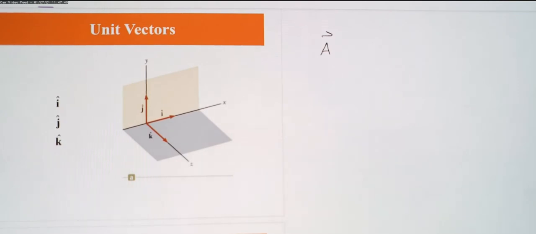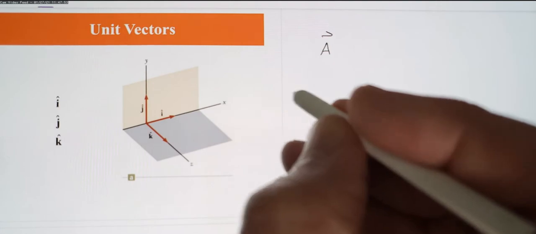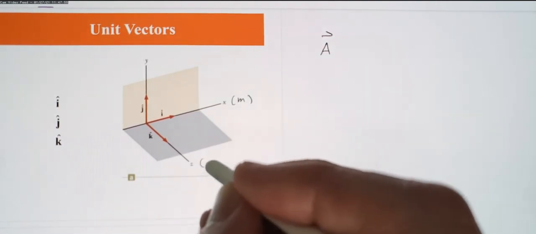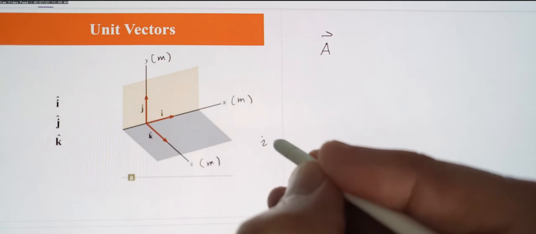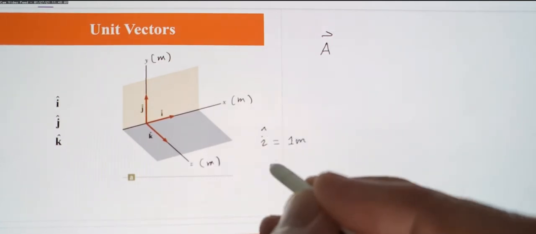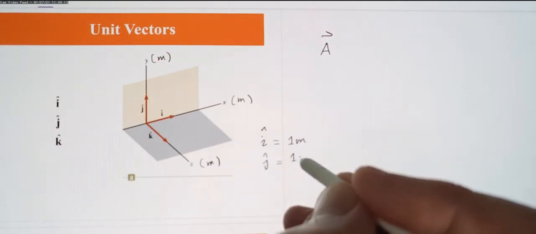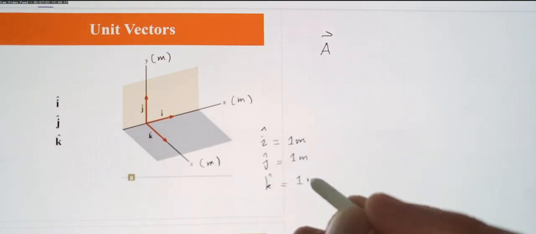It will be meter. So if x is meter, z is meter, y is meter, then i is equal to 1 meter in the x-axis, j will be 1 meter, also 1 meter.